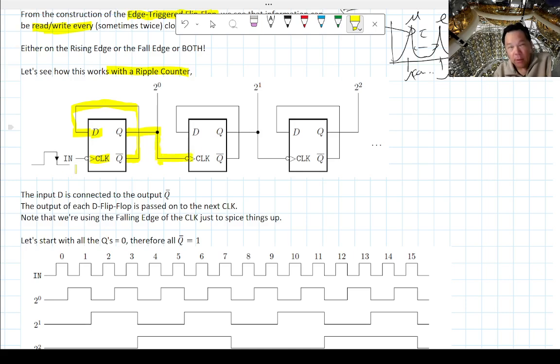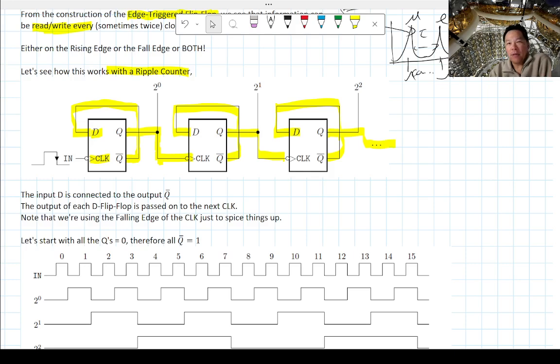So the clock only gets connected to your first D flip-flop. The rest does not. This architecture is replicated over and over again, and this can keep going. This is a 3-bit counter. You can have 4, 5, 6, 7, 64-bit counters.